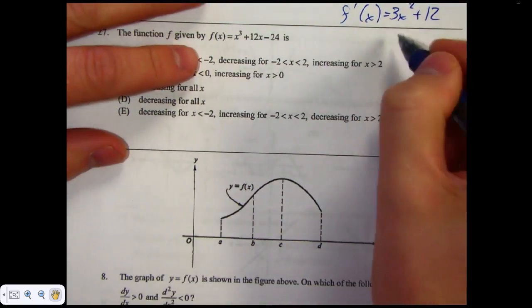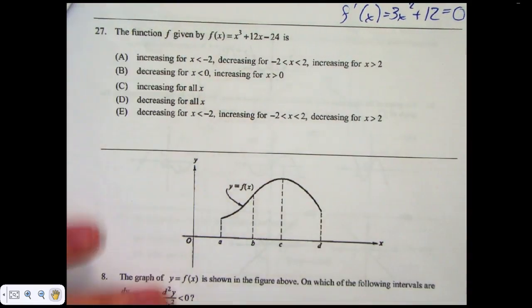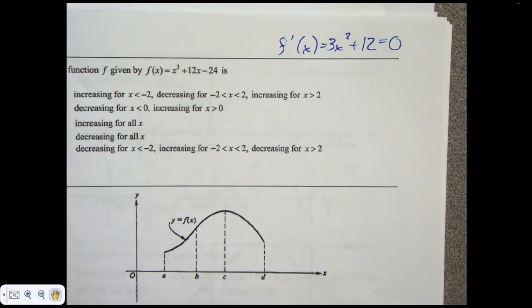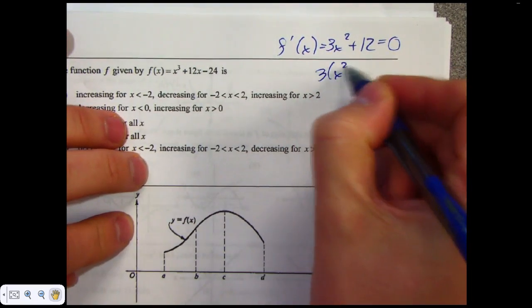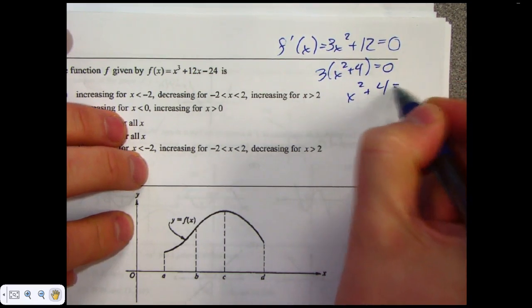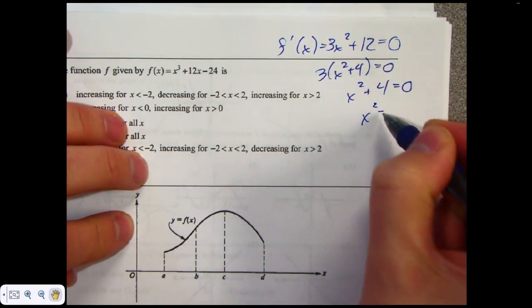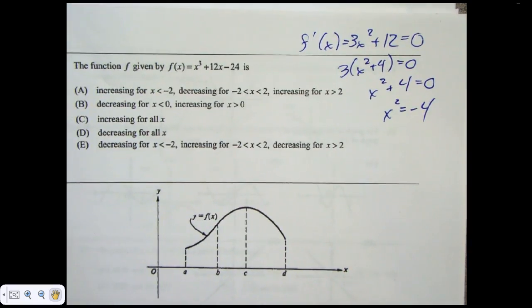If I set that equal to 0 to get my critical points, because I'm trying to find values to put on my number line, you can factor out a 3, but that's not going to help. You end up with x squared plus 4 equals 0, or x squared plus 12 equals 0, which would be x squared equals a negative number. And we can't have that. So there's 0 critical points.